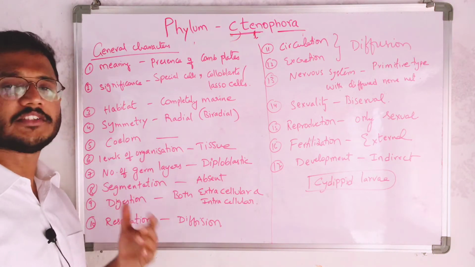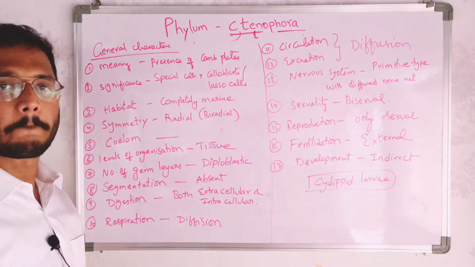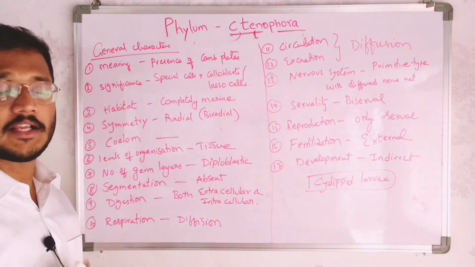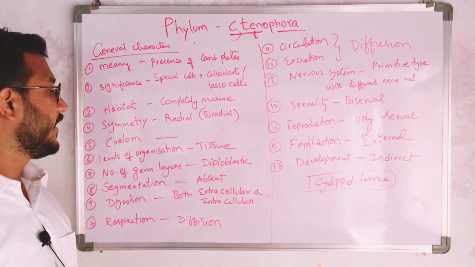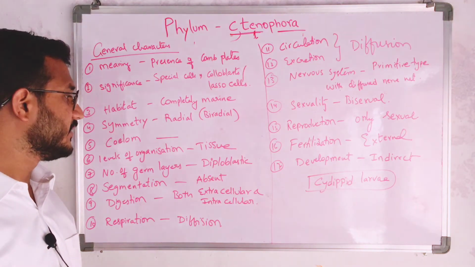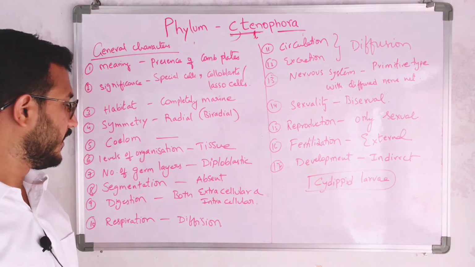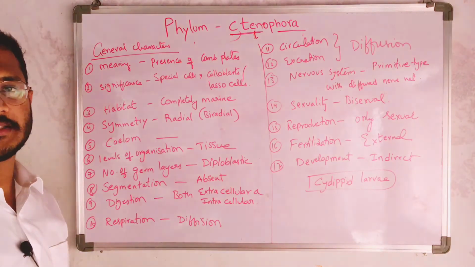And here habitat, these are completely marine. And symmetry is radial or biradial, especially biradial, like the cnidarians. And coelom, there is no discussion about coelom here. The level of organization is tissue level, and the number of germ layers is 2, that is diploblastic.